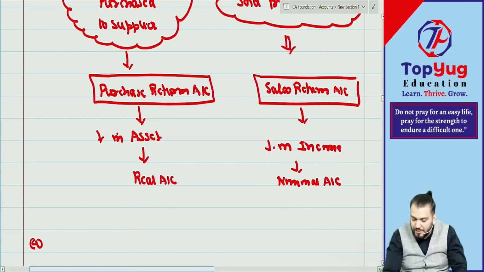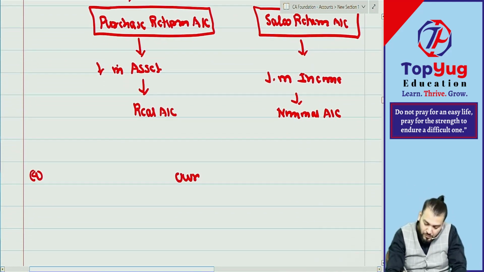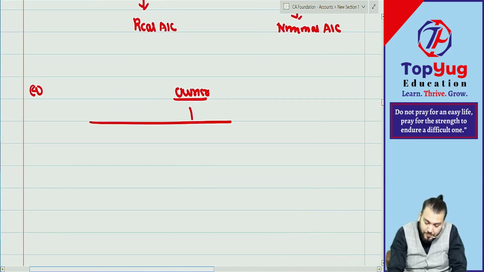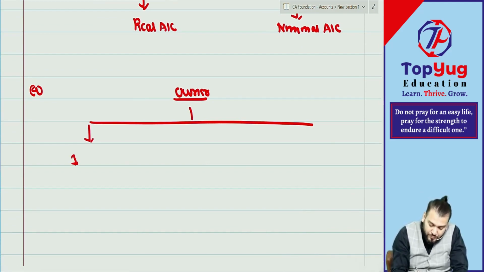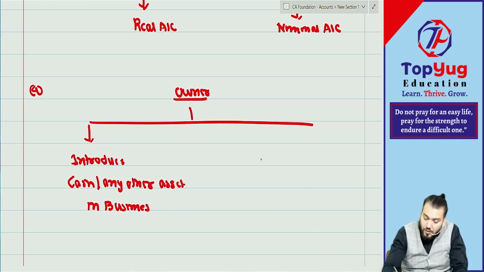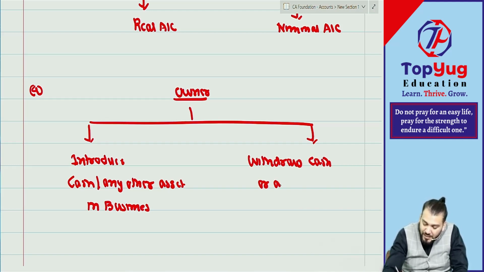The last special term, point number 4, is about owner. Whenever there is an owner, Mr. Ram in our example, either Ram will introduce cash or any other asset in the business, or he may withdraw cash or any asset from the business.